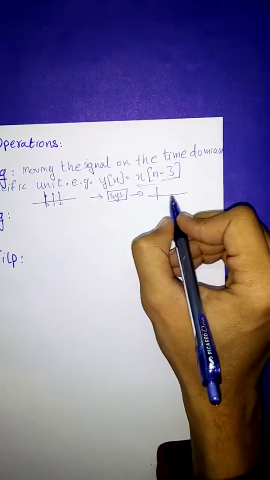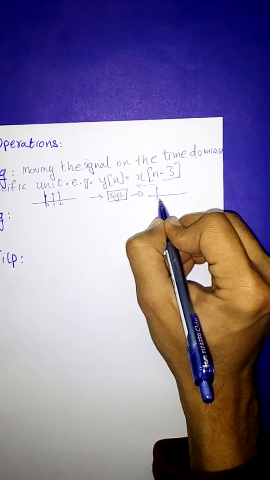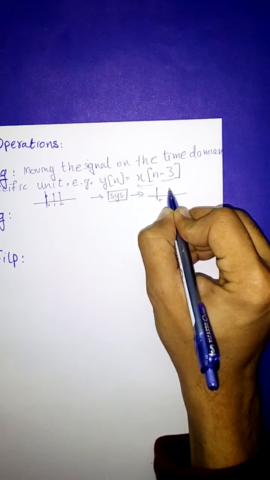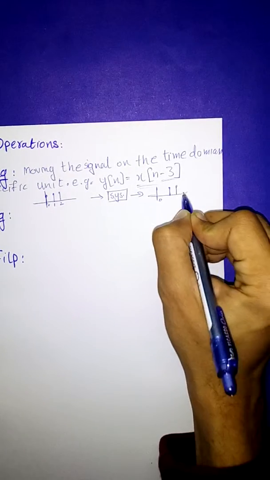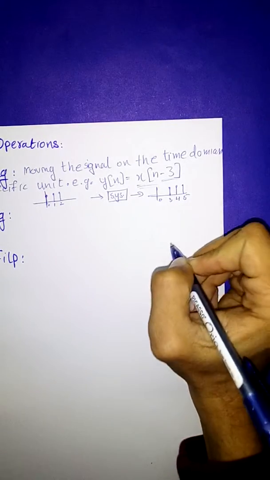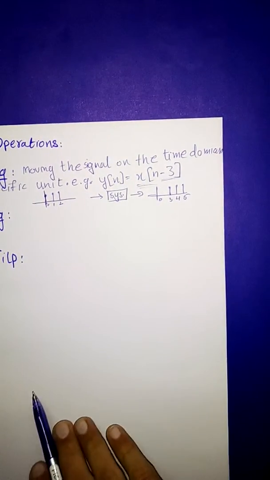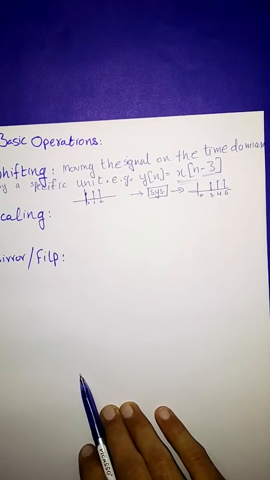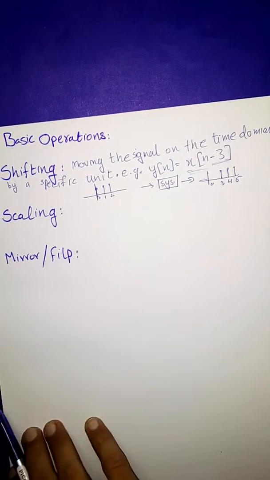So it will start from 3. Here's a 0, 1, 2, 3, 4 and 5. So this is known as shifting of the input signal.